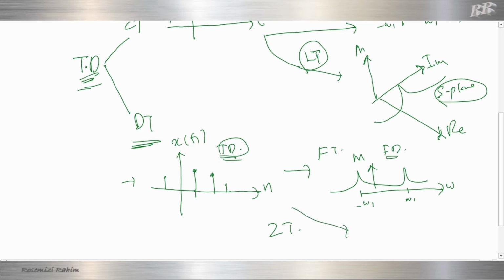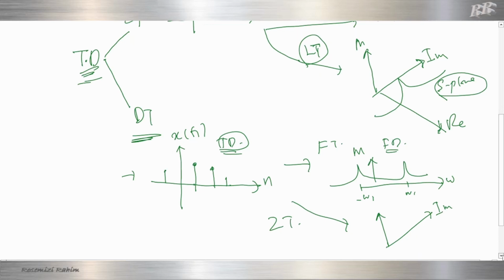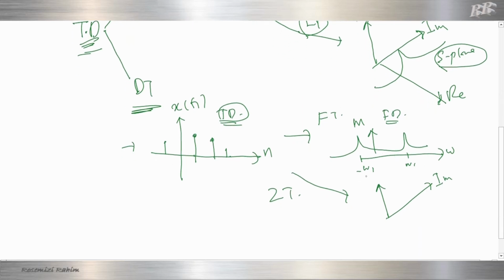So we have complex planes, imaginary and real part, and this is the magnitude. Our response will be, for example, this one. This one is the complex frequency domain. When we use Laplace transform, actually it is the same as Z transform.